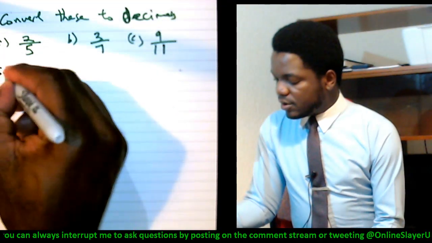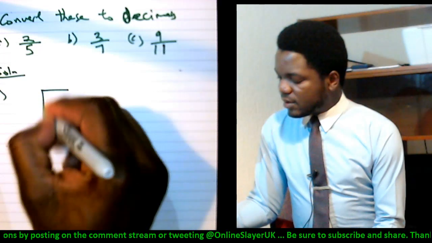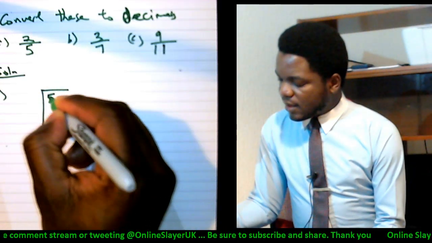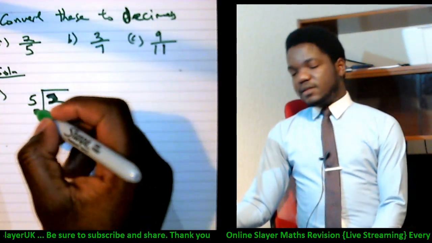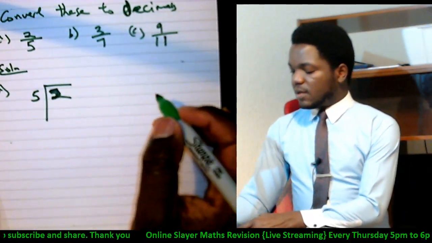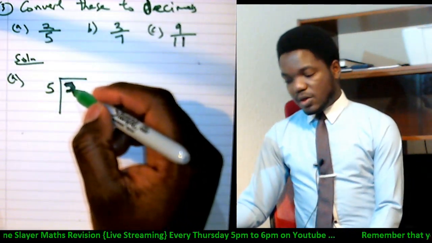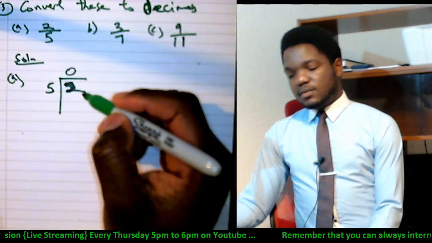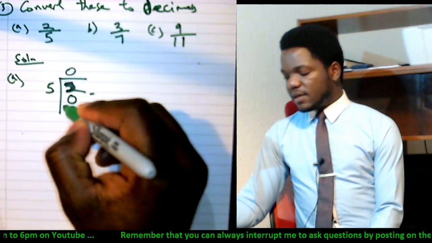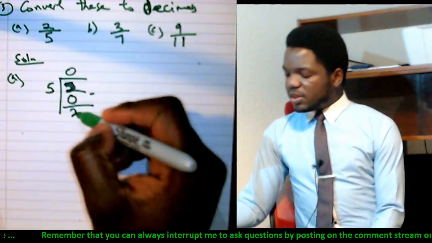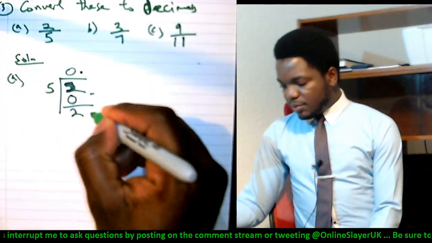Solution A, 2 over 5. That's going to be a 2 here, and the divisor is going to be out. So how many 5s do you have in 2? None, 0. Now 0 times 5 is 0, and when you subtract, you get a 2. Because you have got a 2 again, you're going to put a decimal point there and put a 0 here.